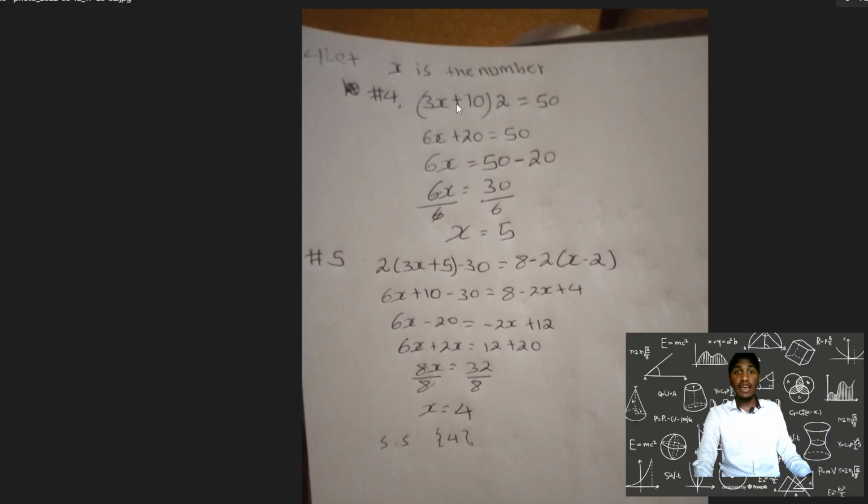And the result is multiplied by 2. After you add this, you multiply it by 2, and it equals 50, right? After this, it's simple to find the value of x. 2 times 3x equals 6x, 2 times 10 is 20, equals 50.